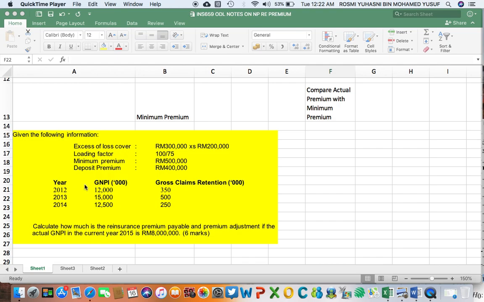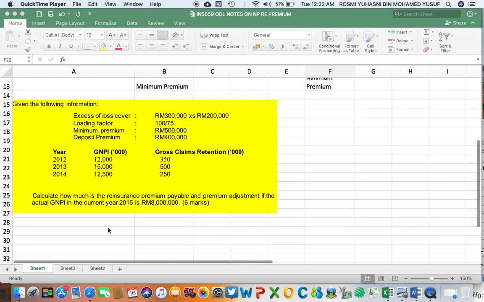This is the data from the previous 3 years, which shows the claims, the gross claim retention, and the GNPI for the respective year. Calculate how much the reinsurance premium payable and premium adjustment is if the actual GNPI for the year 2015 is 8 million.